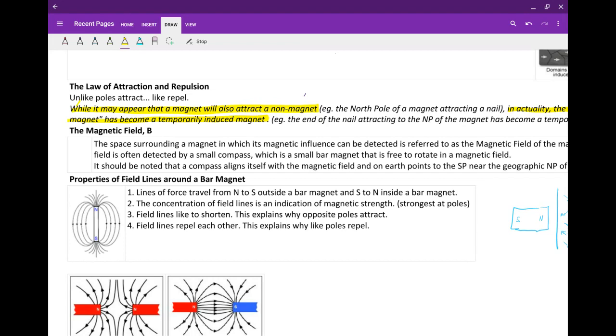And a magnetic field runs from north to south. Okay, so it runs from any north pole to the closest south pole. That's what's going on there. All right, so, yeah, that's the properties of your field lines.